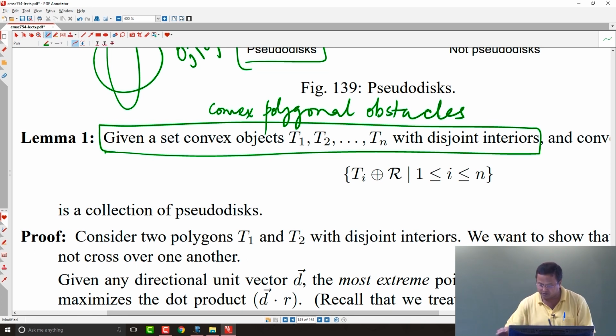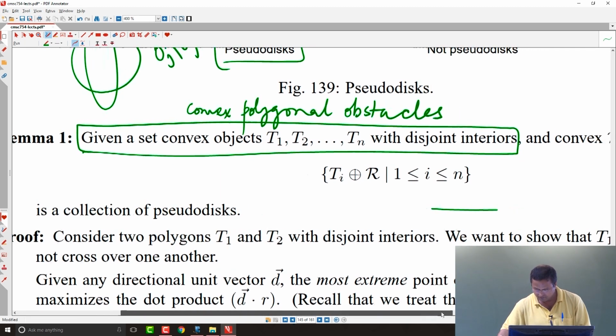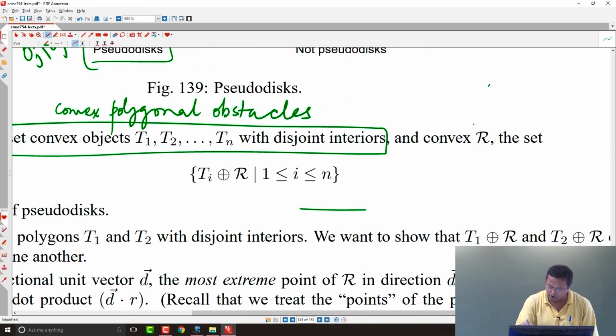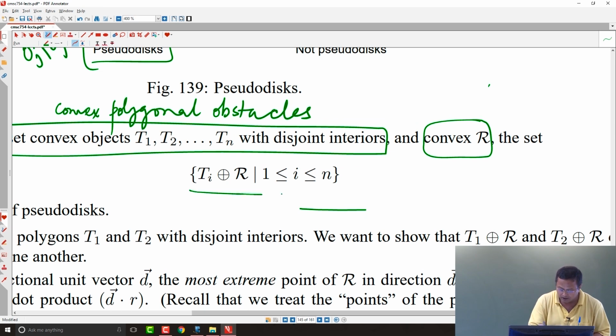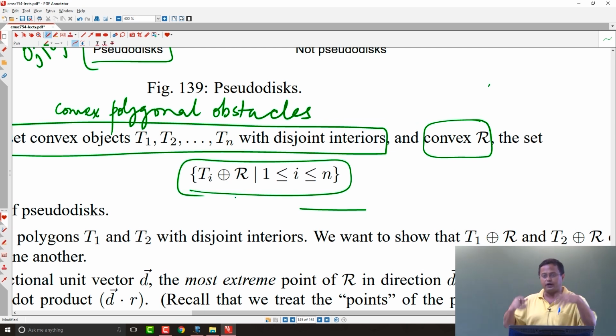And what I did was, this was my convex polygonal robot. I grew each one of these, T1, T2. I showed you that the way you grow it is by this Minkowski sum. So, now in the domain what I have is a point robot and these shapes. My claim is this shape is a set of pseudo disks.